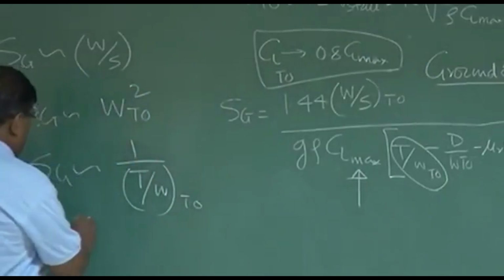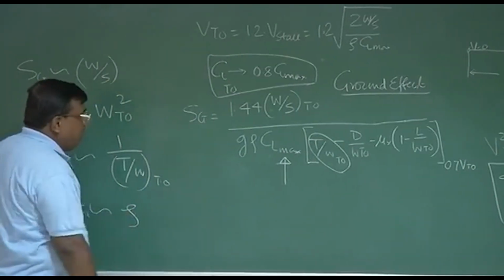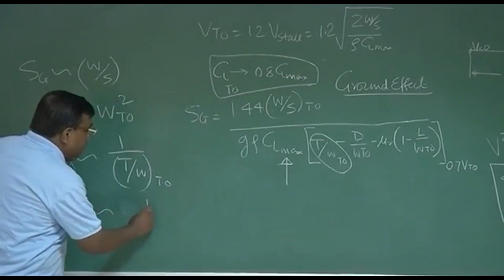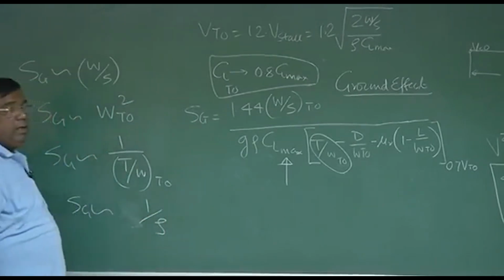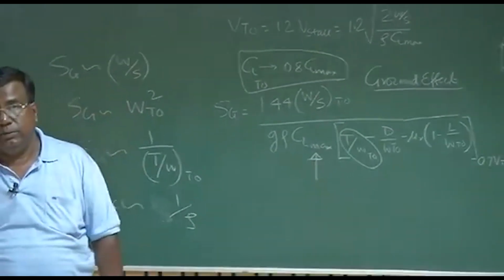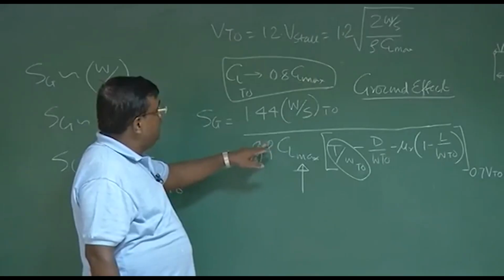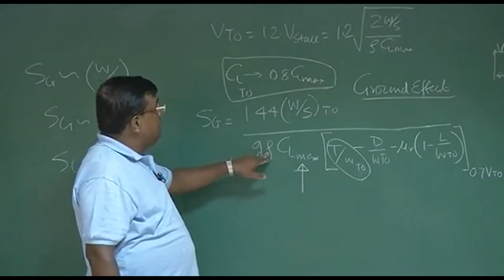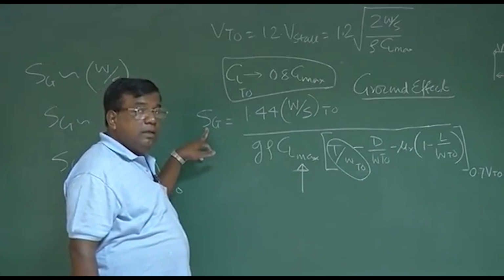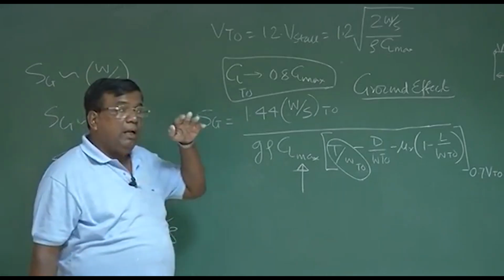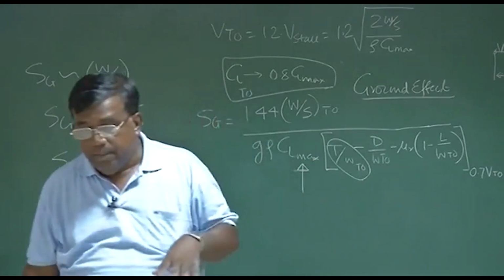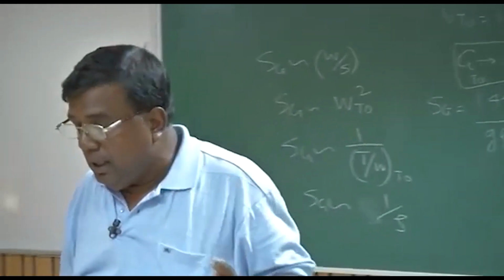And finally I come to density. You see, it is inversely proportional to the density of air from where you are taking off. As I was mentioning, from here you could see that very clearly. As density decreases, SG increases. That is, if we are going to a higher altitude airport, let's say Jammu Kashmir, let's say Leh Ladakh, where the density of air will be less, so you will require a larger ground roll distance.